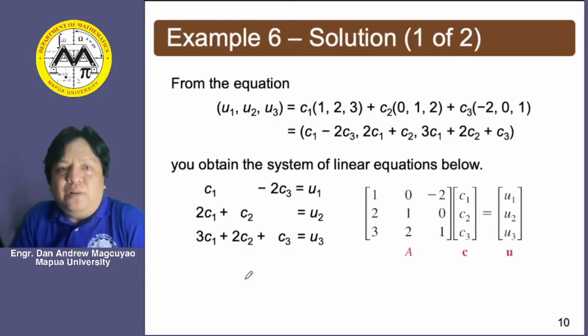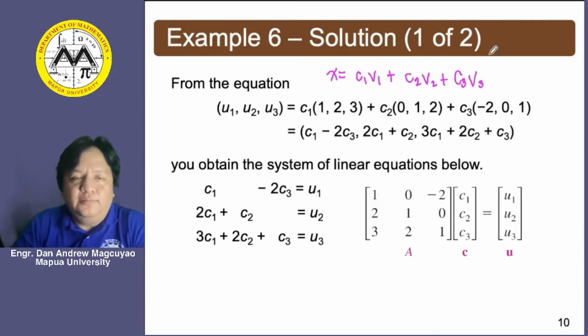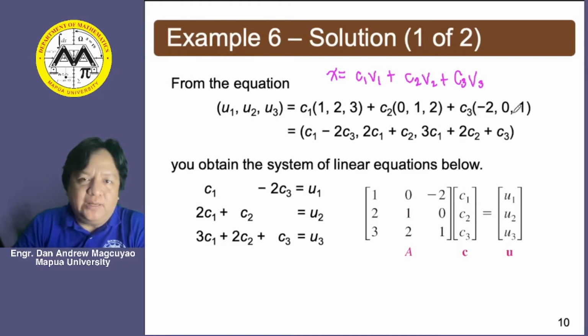To solve this problem, we write the vector u as a linear combination C1v1 plus C2v2 plus C3v3. So you have C1 multiplied to the first vector plus C2 multiplied to the second vector plus C3 multiplied to the third vector.